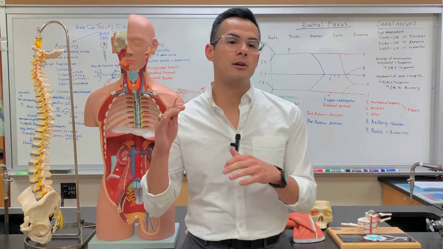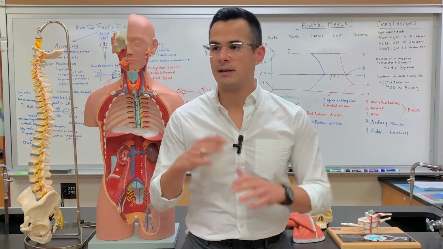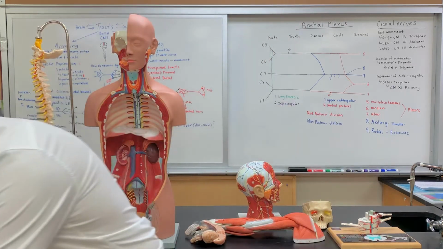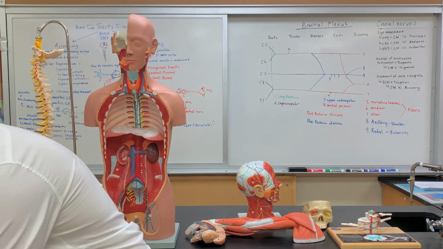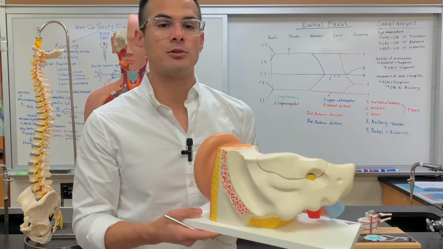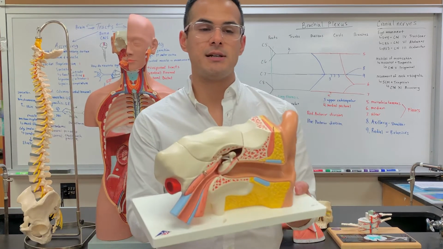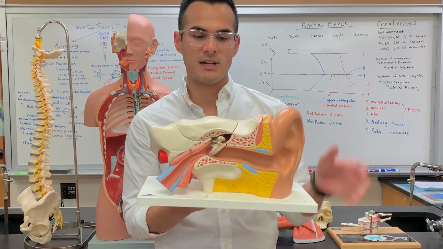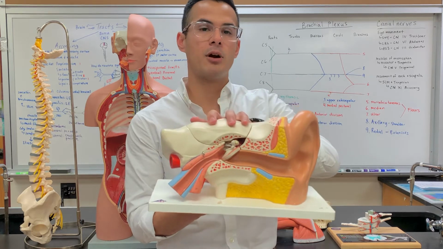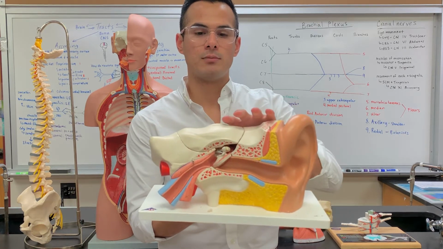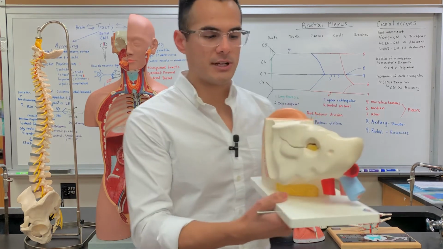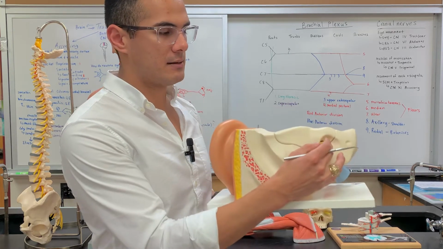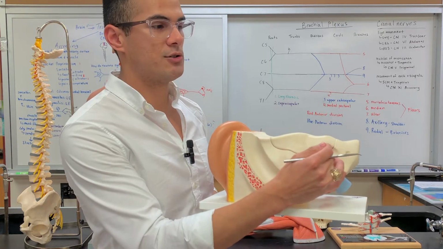We're going to learn all about hearing and everything, but I have a model that I want to show you just to identify the internal acoustic meatus. This here is our ear model, and this is a particular part of the bone. What you're looking at here from this side on the inside is the internal acoustic meatus.